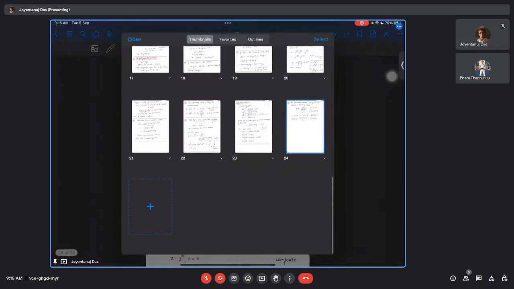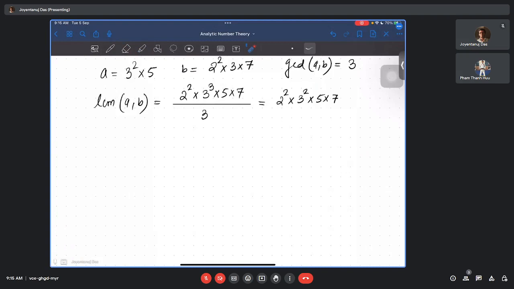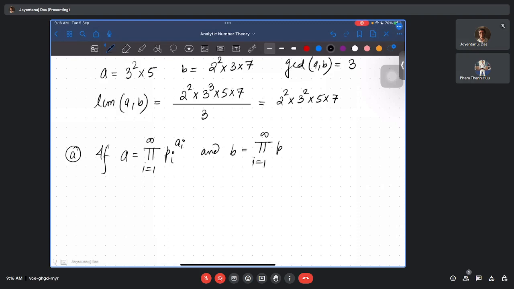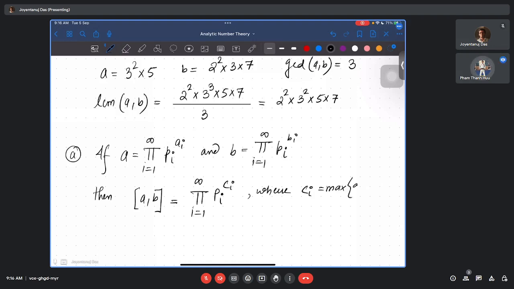So the first property is, if A equals the product over i from 1 to infinity of pi to the power ai, and B equals the product of pi to the power bi is the prime factorization, then the LCM is nothing but the product over i from 1 to infinity of pi to the power ci, where ci is the maximum of ai and bi.